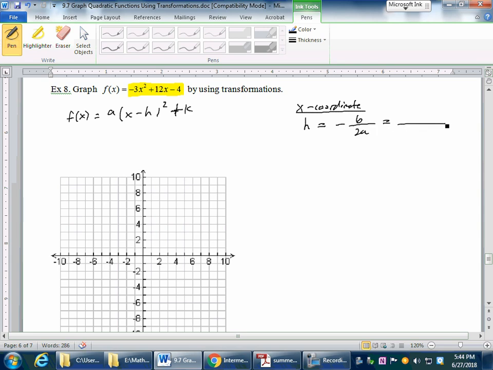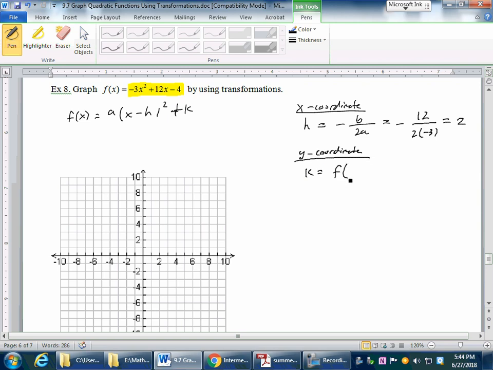And we know that a and b are coming from this quadratic function, where b in this case is 12, and a in this case is negative 3. Therefore, my answer is 2. And my y coordinate is k.